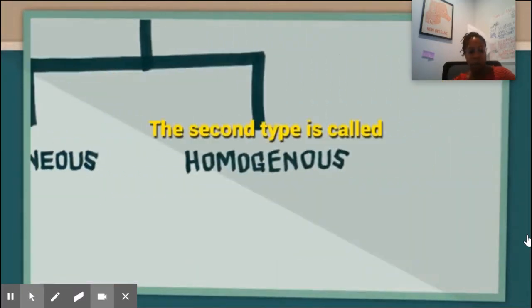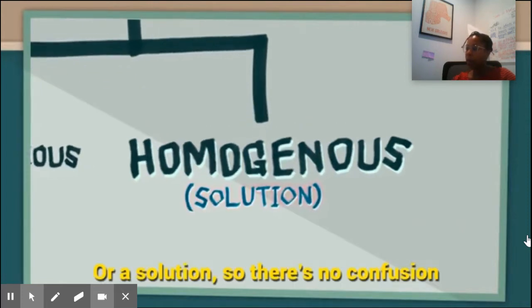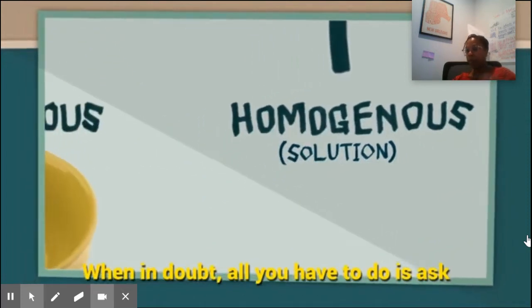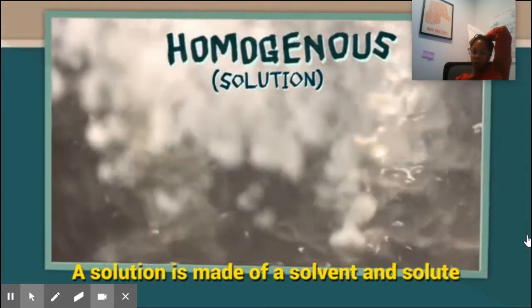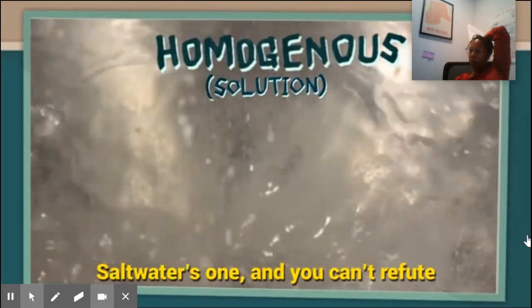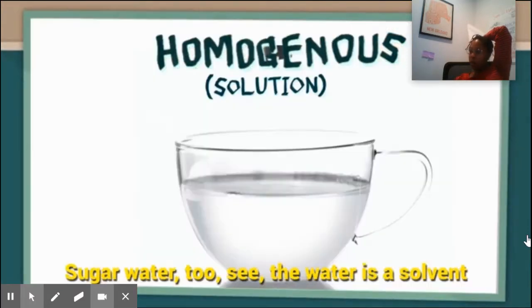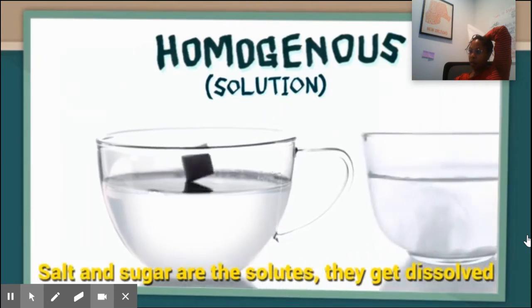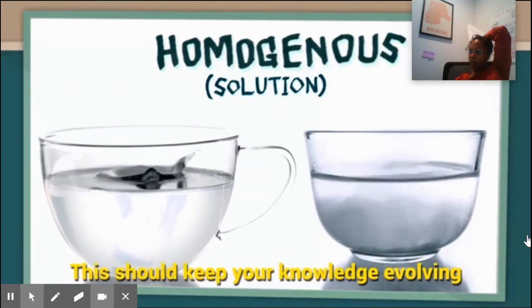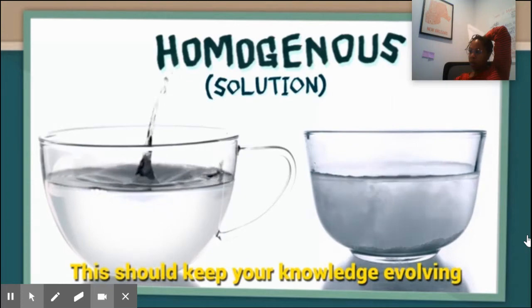The second type is called homogeneous or a solution, so there's no confusion. When in doubt, all you have to do is ask, does it have the same composition throughout? A solution is made of a solvent and solute. Salt water's one and you can't refute. Sugar water too. See, the water is a solvent, which does the dissolving. Salt and sugar are the solutes, they get dissolved. This should keep your knowledge evolving.